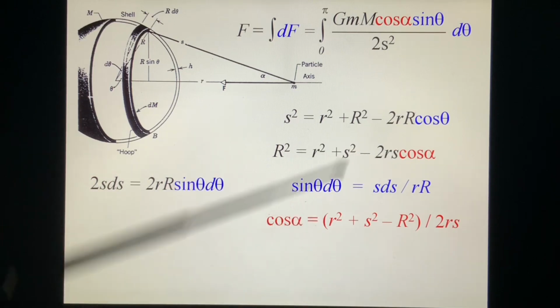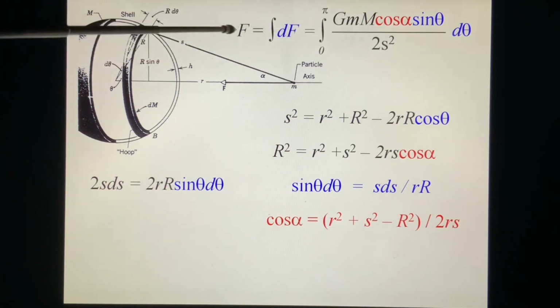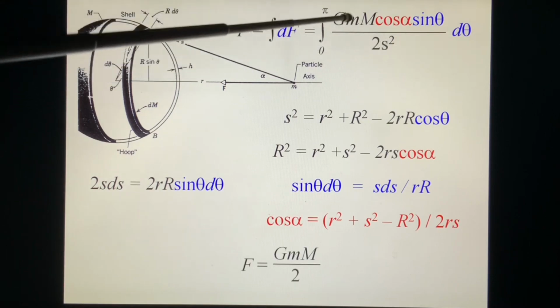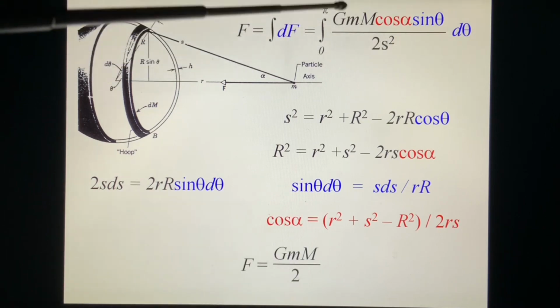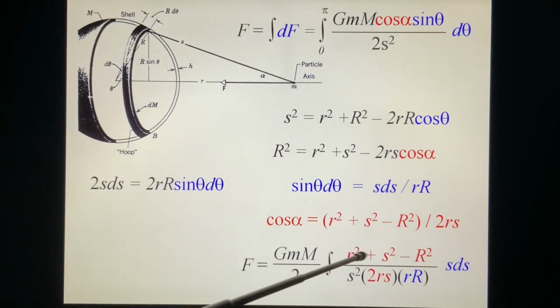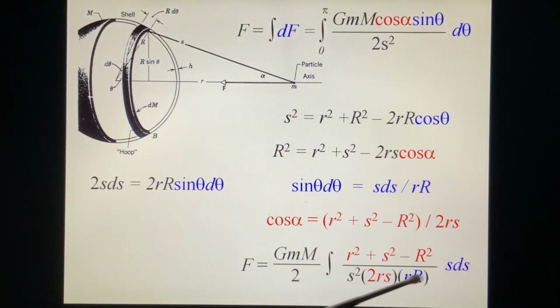We put cosine alpha in, and sinθ dθ in, and we get F equals, with GMm taken out, the integral of cosine alpha equal to (r squared plus s squared minus R squared) over 2rs, and sinθ dθ equal to s ds over Rr.